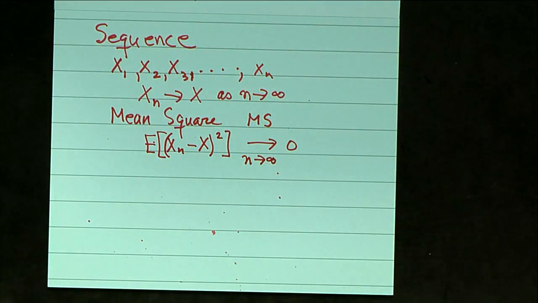Keep in mind, we don't even know what X is here. We only know what the Xn's are. We don't know what X is.